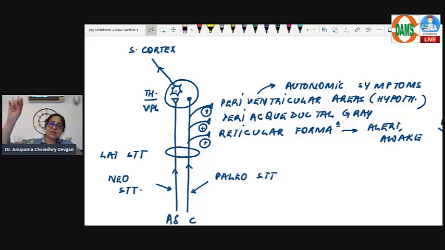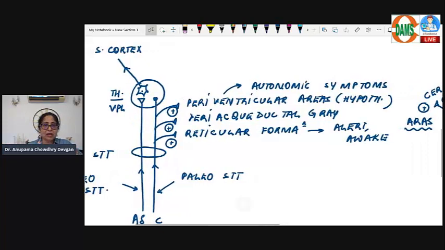The C fibers give collaterals to three areas. Reticular formation, which is responsible for keeping you alert and awake. It gives a collateral to periaqueductal gray. What is aqueduct of Sylvius? Between the third and the fourth ventricle.